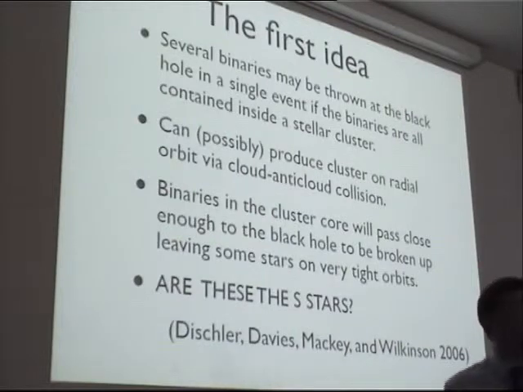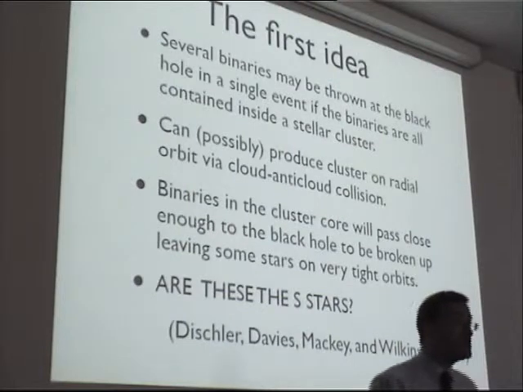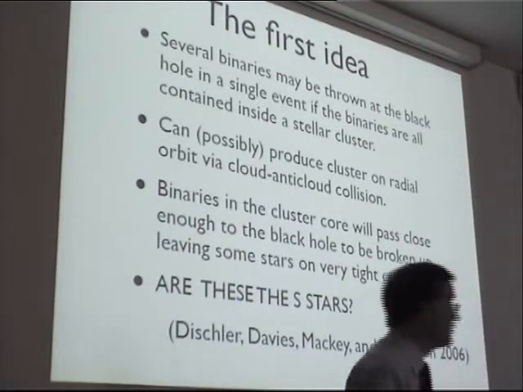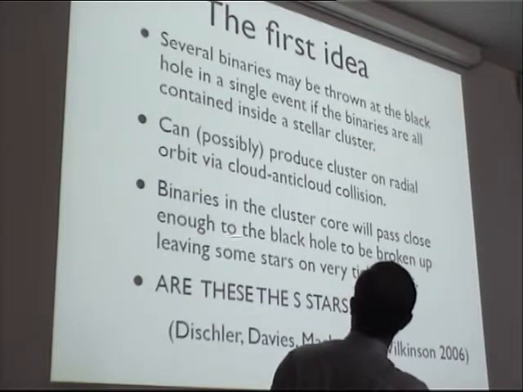How many stars in the Arches are in that cylinder? It's about a few hundred. So if I threw the Arches cluster at the black hole, a few hundred stars would pass close to the black hole. Doesn't mean we make a few hundred S stars, because not all the stars are in binaries of the right separations, but there's a reasonable chance that you might capture 10 or 20 stars. That's the idea. So binaries in the cluster pass close enough to be broken up, leaving some on very tight orbits.